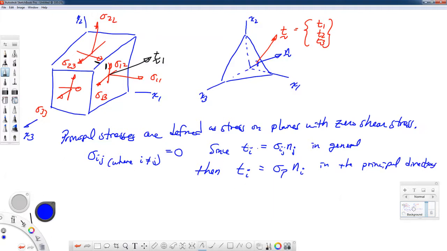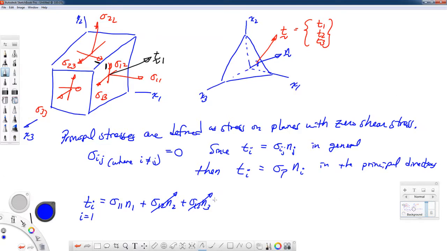Okay. So the reason why is that if we were to expand the t i term out, let's do it this way: sigma 1,1 n 1 plus sigma 1,2 n 2 plus sigma 1,3 n 3. This would be for i equal to 1. This term would go away, and this term would go away because we're in the principal directions, and we're left with sigma 1,1 n 1.